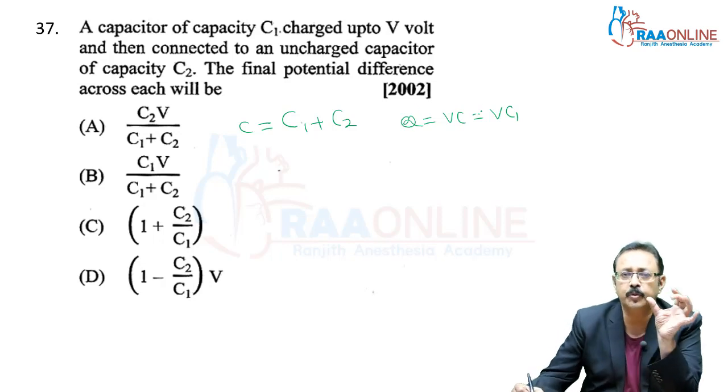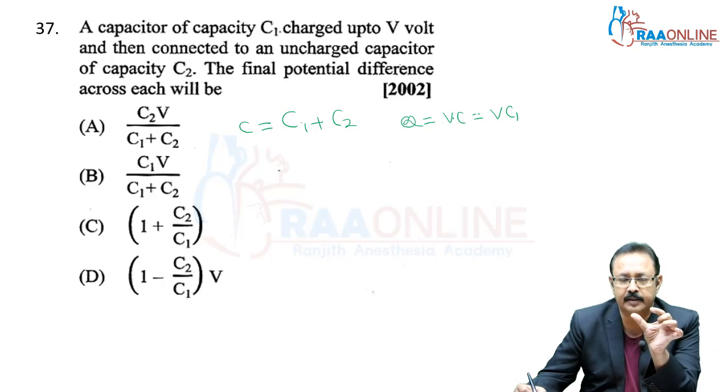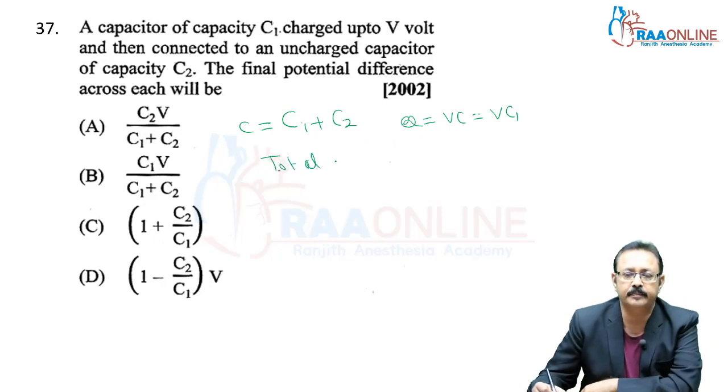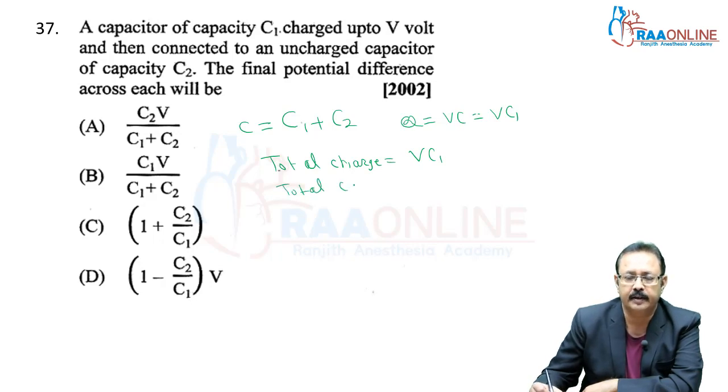Now you join two capacitors, one charged, one uncharged. On one there is a charge VC1, on the other there is a charge 0. So the total charge on the system is only VC1. Total charge is what you gave to the first, VC1, but the total capacity is increased.